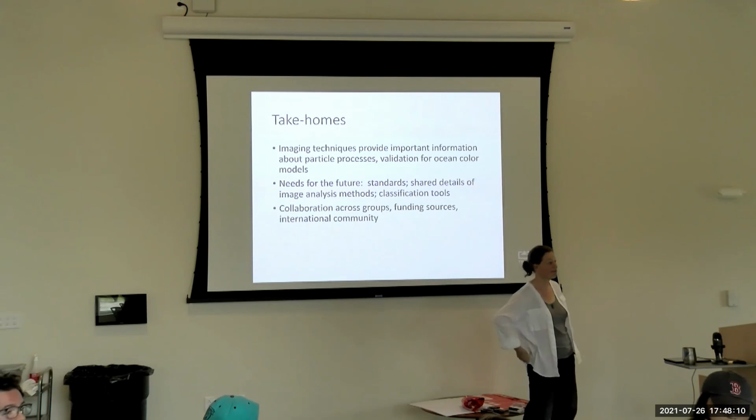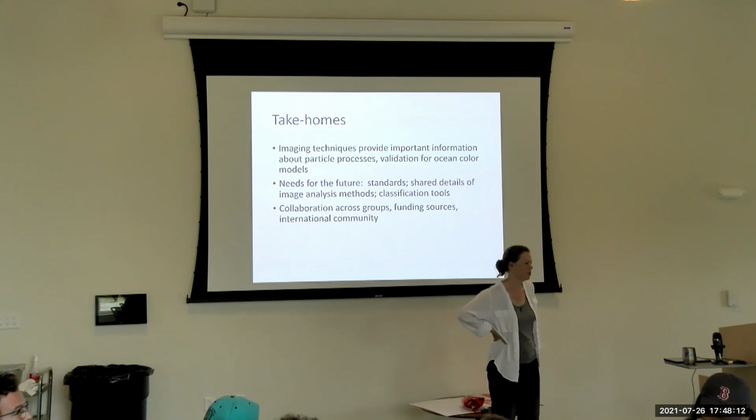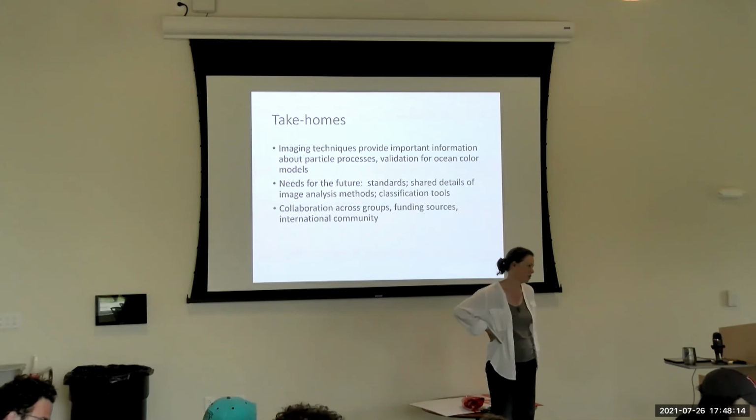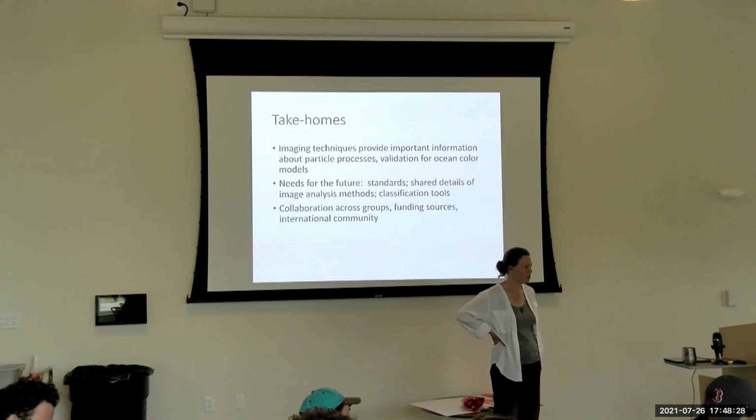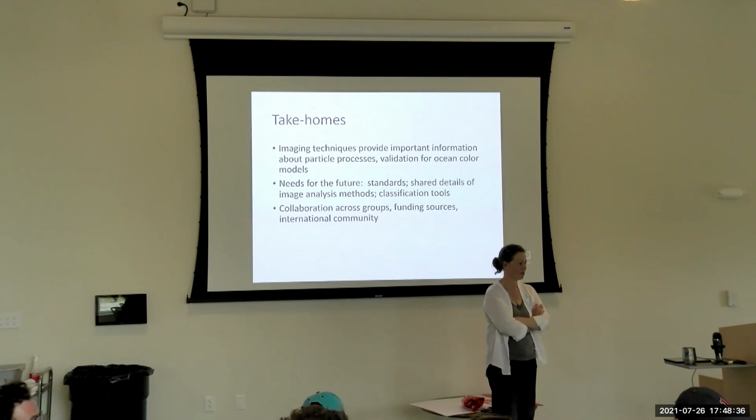So NASA just had a big effort, a workshop and working group, to figure out how to upload data from these different sensors into a database, much like we upload absorption or backscattering. It's so much more complicated because you can't just upload the size distribution or someone's algorithm for biovolume. You have to upload the images.